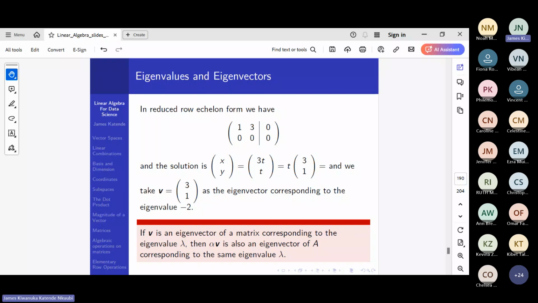As a remark, if you have an eigenvector corresponding to a given eigenvalue, then any scalar multiple of the same eigenvector will also correspond to the same eigenvalue. If you multiply it by the matrix, you will see that it works. You should try it yourself. Try this with different values of t and confirm that in any of those cases, the corresponding eigenvalue will be -2.